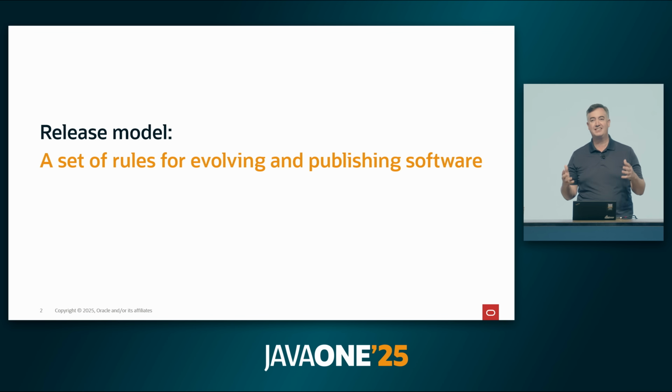These rules cascade down into details about versioning and licensing and testing and tooling and so on. But the core idea of a release model is to put some structure around change in software so that users can make informed decisions about whether the changes meet their needs.